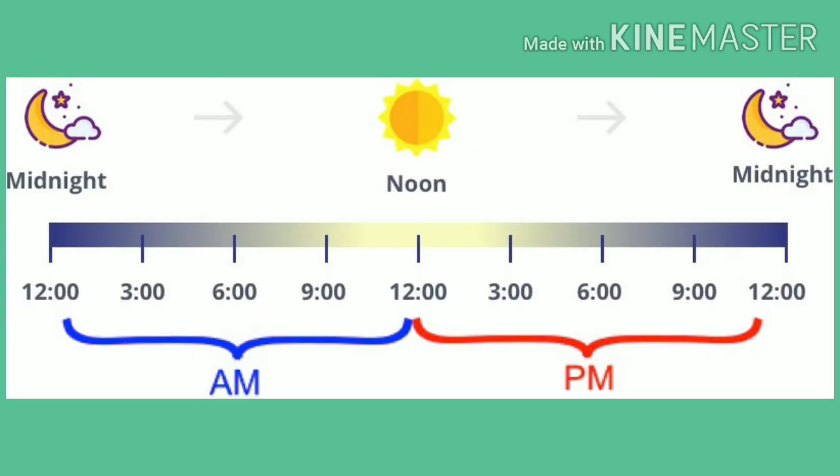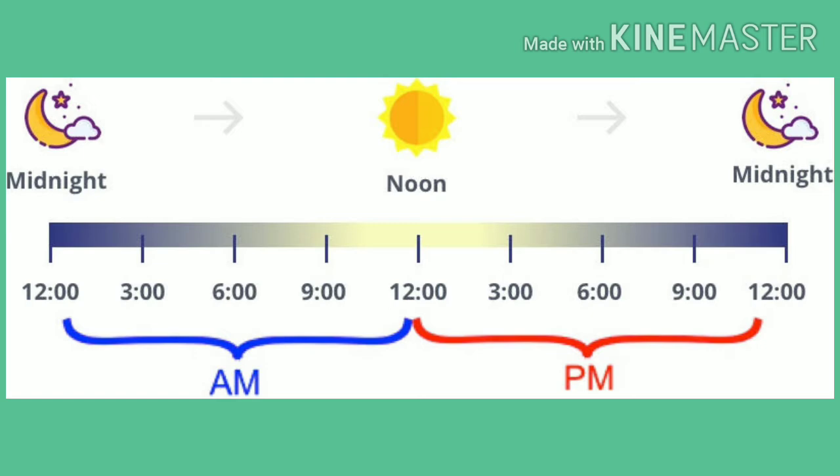Look at this chart. This chart shows that the time between 12 midnight to 12 noon is represented by AM and the time between 12 noon to 12 midnight is represented by PM.